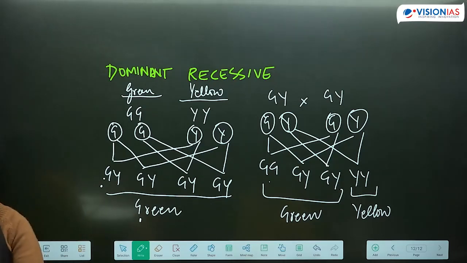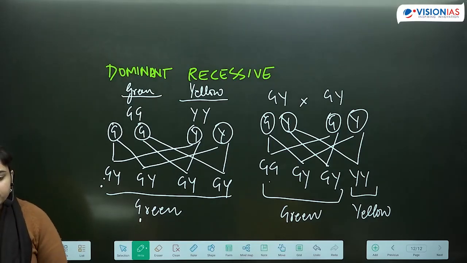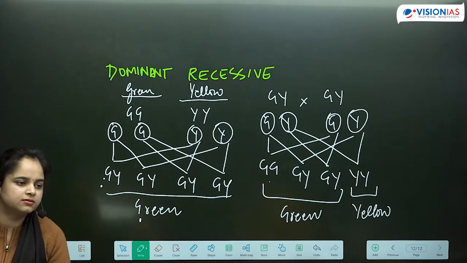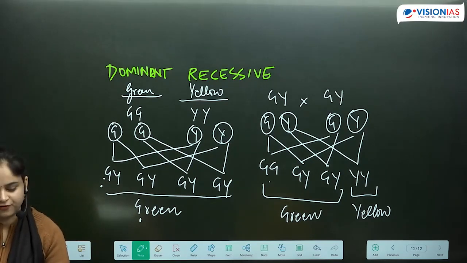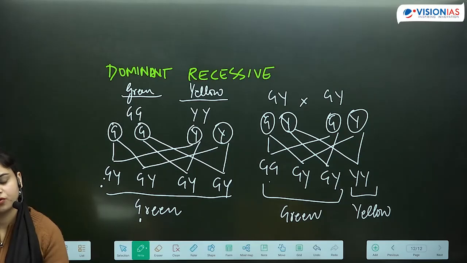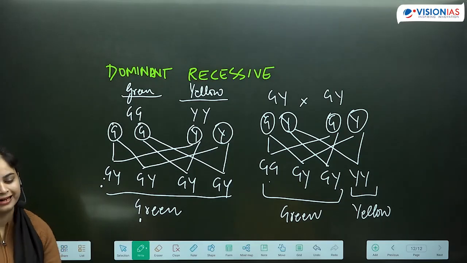The dominant trait is that inherited characteristic which overrides the impact of the other trait.